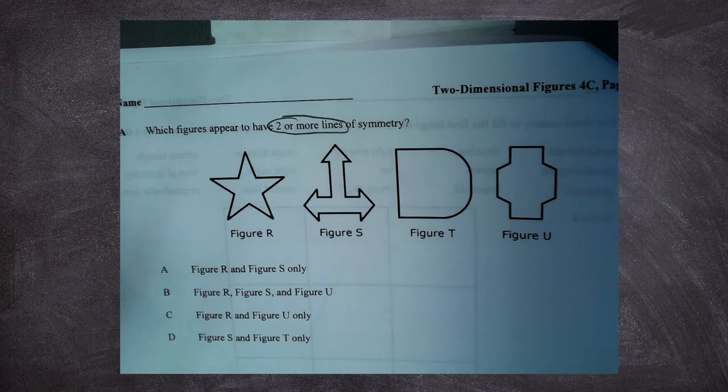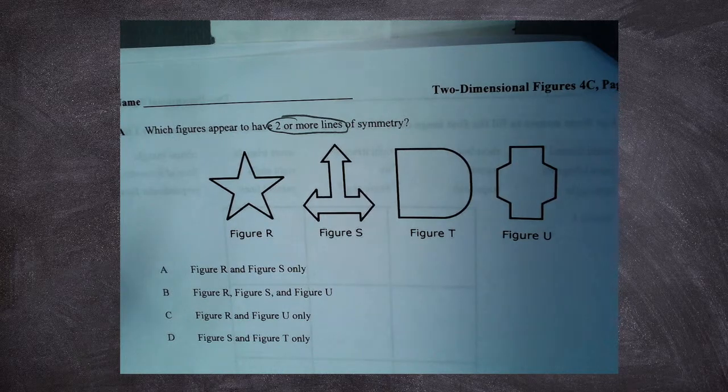Who remembers what that word was? There was a word in math for same size, same shape. It started with a C. Congruent.